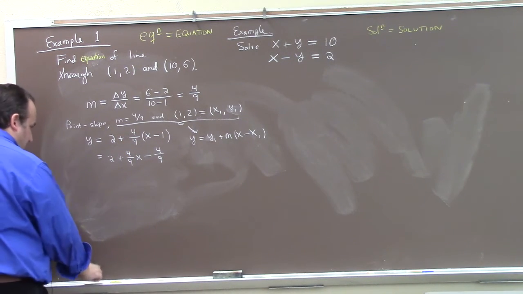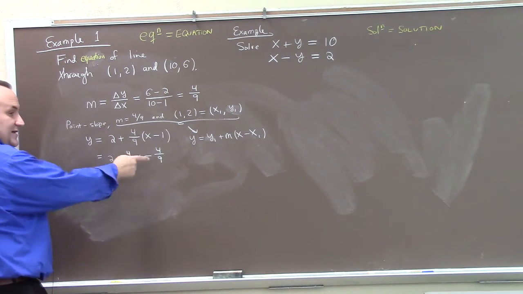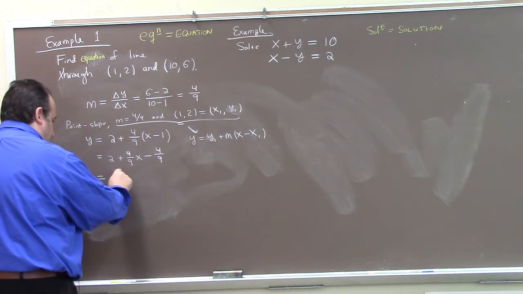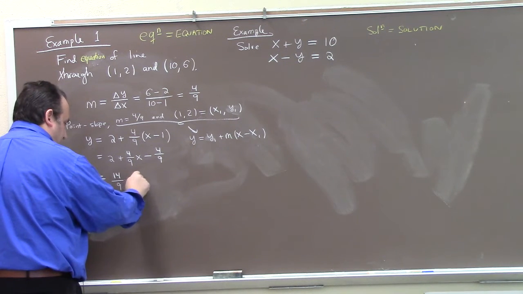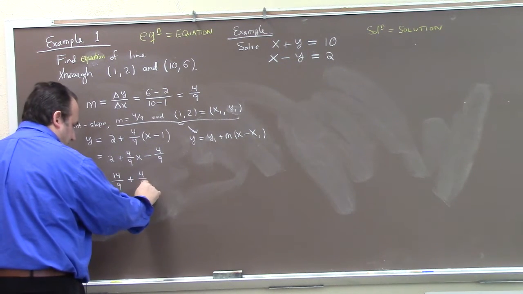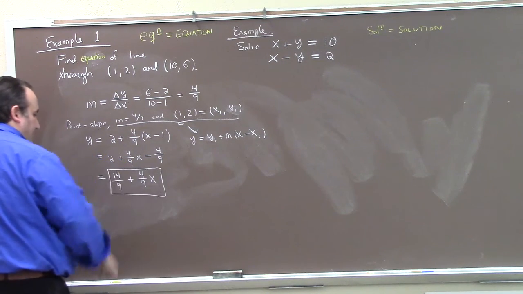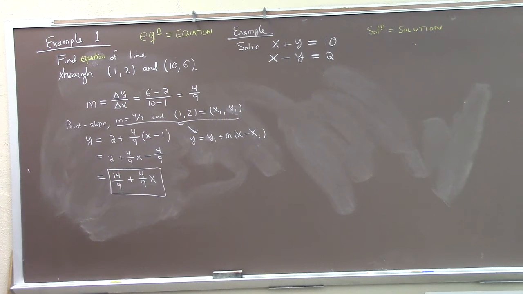Of course, 2 is what? Is 18 ninths, right? So 18 minus 4 is 14. So what we got is 14 ninths plus 4/9 x. There you go. So that's that.